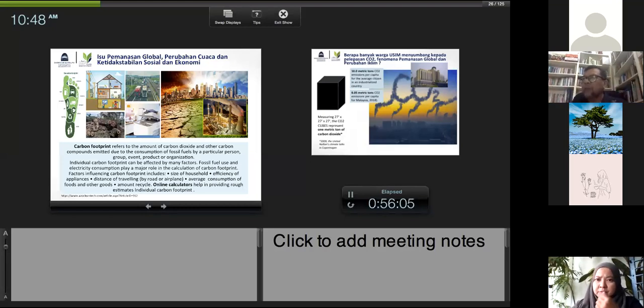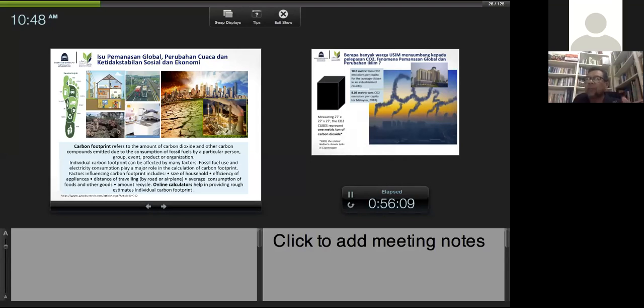If we talk about USIM as an organization, each of us has our own carbon footprint. I have calculated my carbon footprint as a staff of USIM, and I contribute 1 metric ton of CO2 every month based on a carbon calculator that is easily available. You can download it. You can calculate your own carbon footprint.